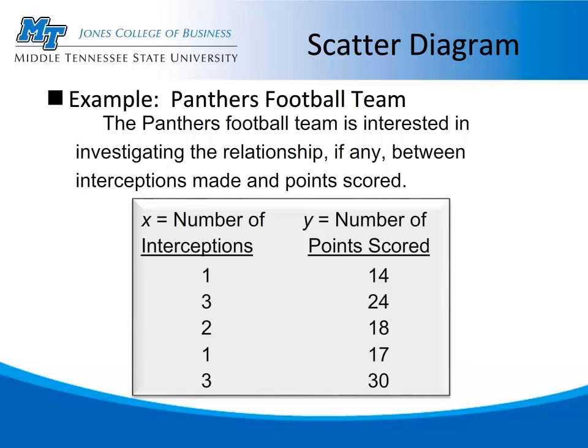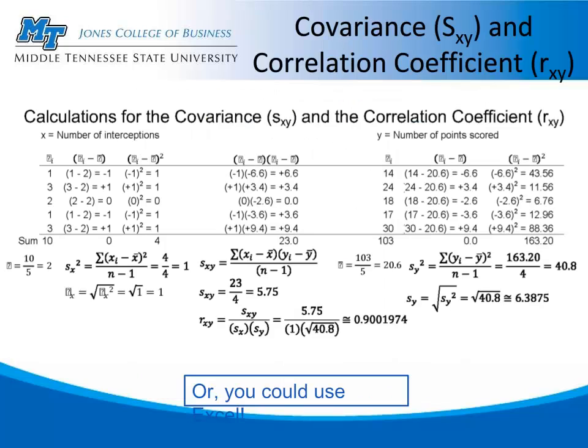Then there was a game that had 2 interceptions, and in that game, 18 points were scored. The x values are the interceptions, and the y values are the number of points scored. Now we're going to figure out the covariance. We're going to look at how these things interact with each other. When you graph it, there was a positive relationship indicated by these numbers.